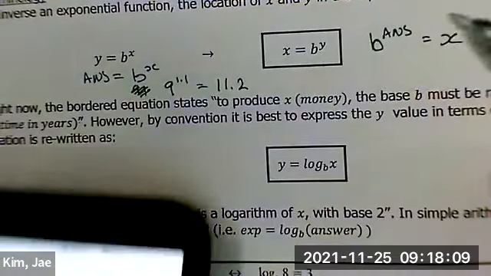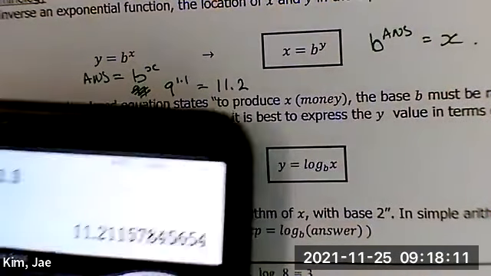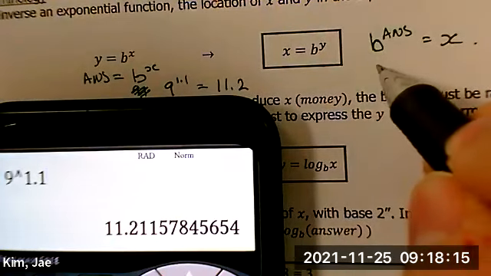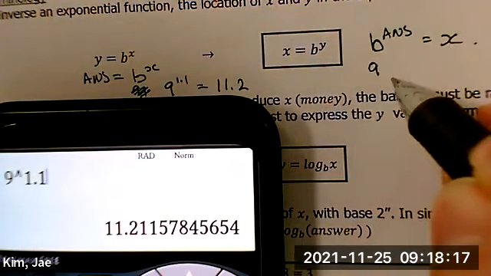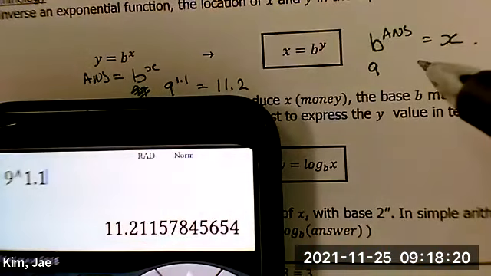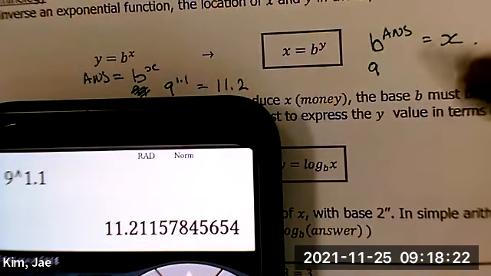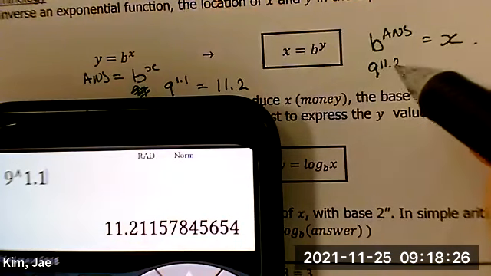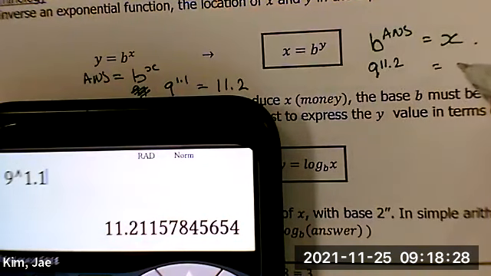Now we can do that because we have the calculator. However, would it make sense for us to say 9 to the power of 11.2 equals 1.1? That wouldn't really make sense, right?